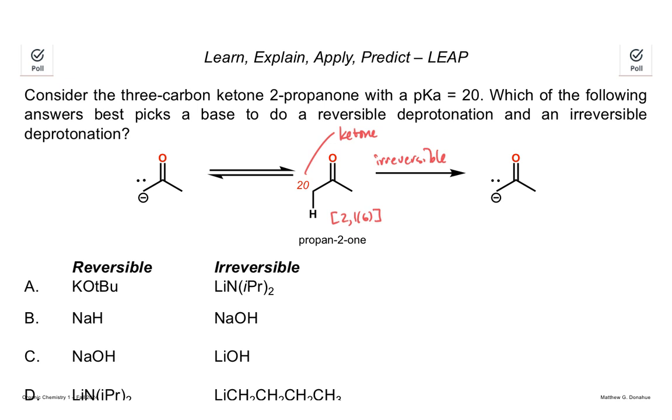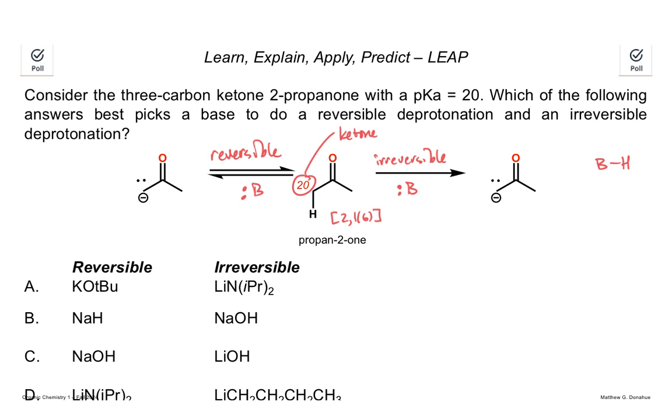Then to the left, notice the arrows here are back and forth, so there's a reversible equilibrium. What base should we use to do that? And so really what we're comparing is we have this value of 20. On this side, we have some base we need to determine.